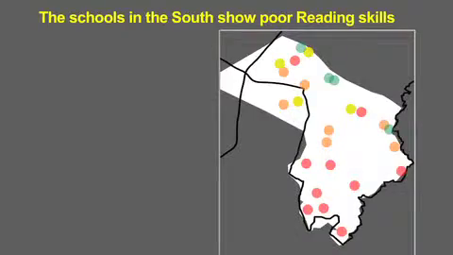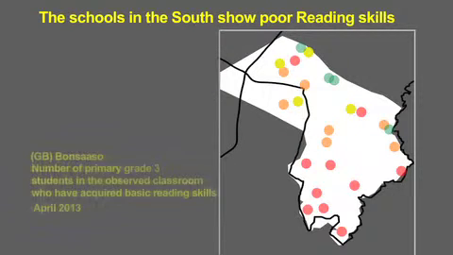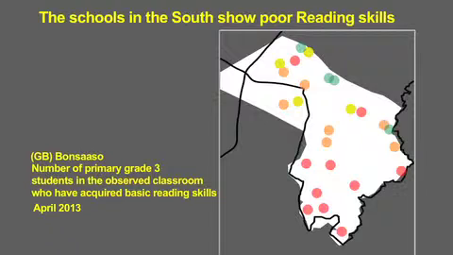Another story is from Ghana. This particular site in Ghana, as you see in this map, has schools marked in multicolored circles, and the indicator in this map shows the number of primary grade 3 students in the observed classrooms who have acquired basic reading skills.